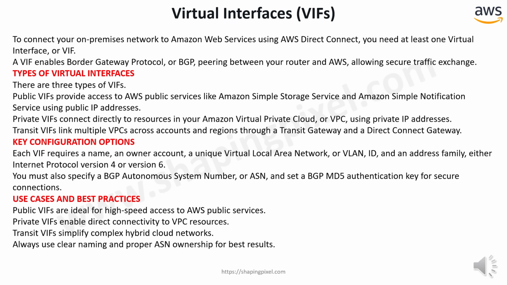Public VIFs are ideal for high-speed access to AWS public services. Private VIFs enable direct connectivity to VPC resources. Transit VIFs simplify complex hybrid cloud networks. Always use clear naming and proper ASN ownership for best results.